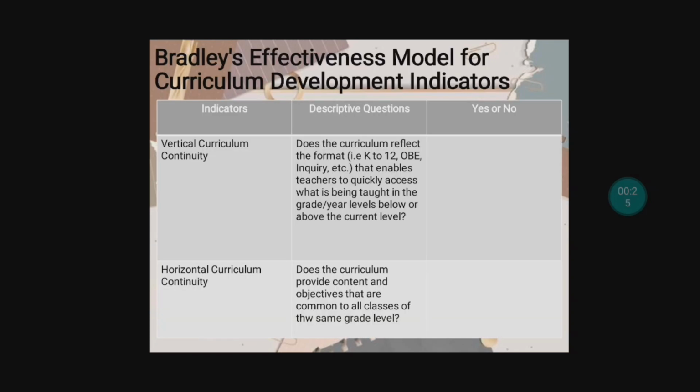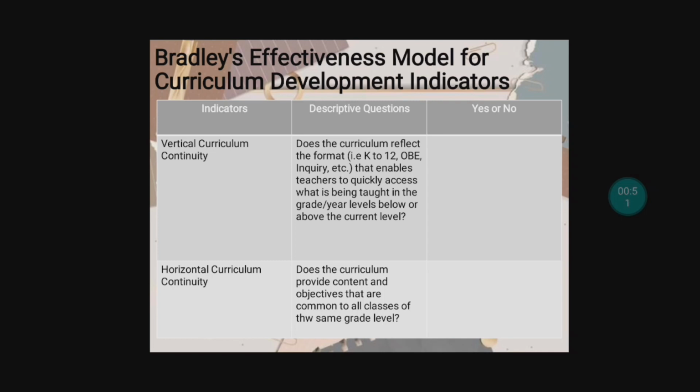Now, let us look at L.H. Bradley's model, which is Bradley's effectiveness model for curriculum development indicators. He wrote this book in 1985, which provides indicators that can help measure the effectiveness of a developed or written curriculum.